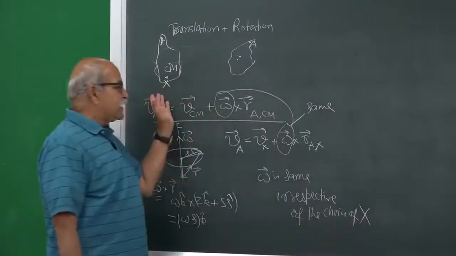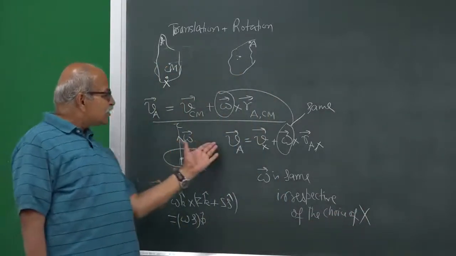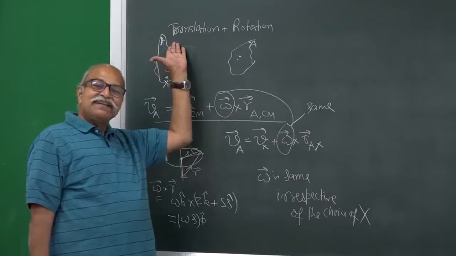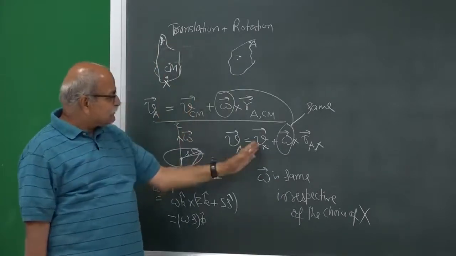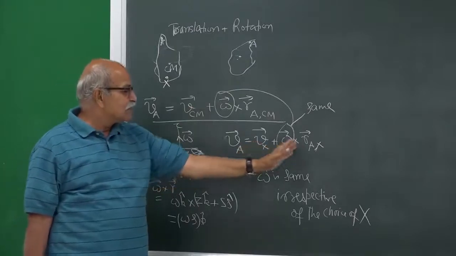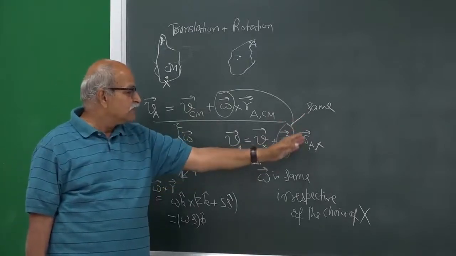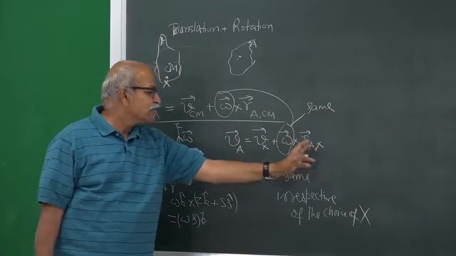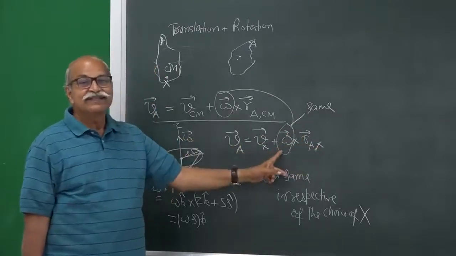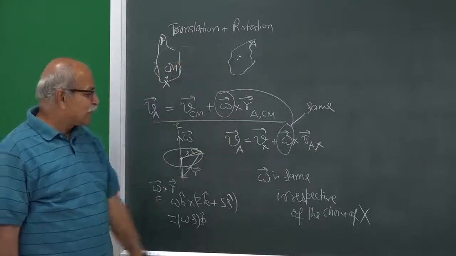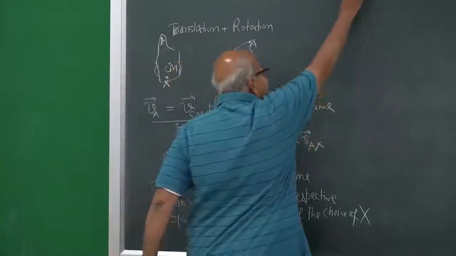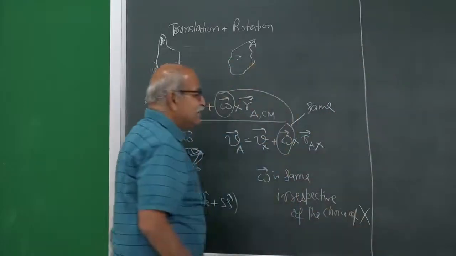You take any point and write the velocity of an arbitrary particle of the rigid body as the velocity of that chosen point plus omega cross the position vector of the particle from that chosen point, and this omega remains the same. So, it is independent of the choice of point. It can be proved, but I am not going to do that, but this is a very interesting result.